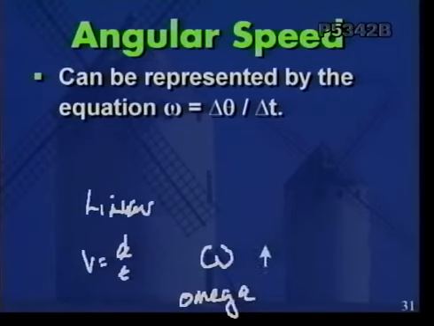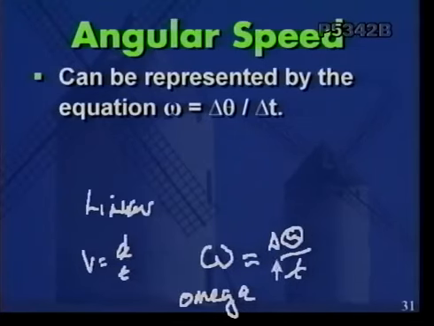So that's called omega. It looks something like a W, except the tops of the W kind of turn in a little bit more. Omega is equal to what? In the linear, we say distance is the same as the angular displacement, and of course time is time. So that's where the formula comes from.